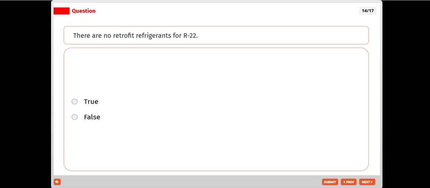There are no retrofit refrigerants for R22. False. If a refrigerant has a drop-in replacement, then no retrofit is needed.